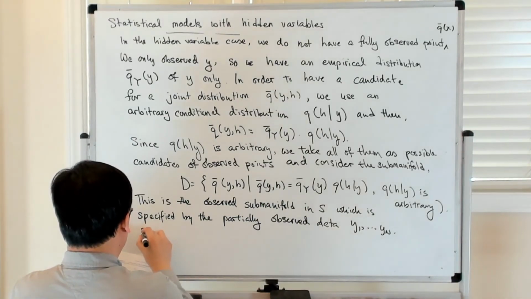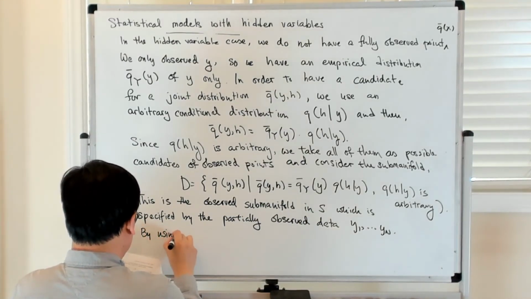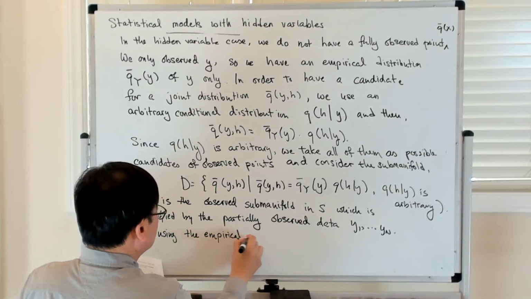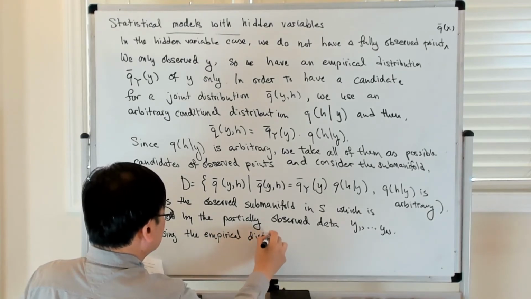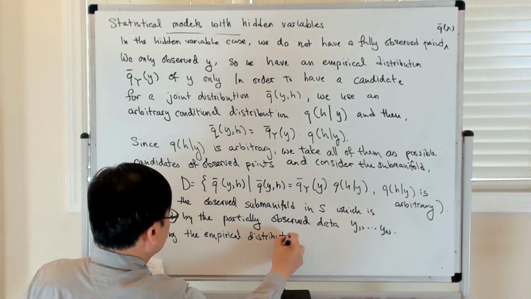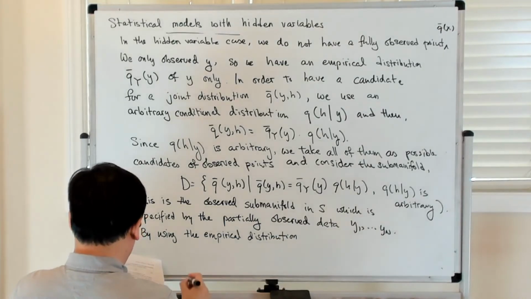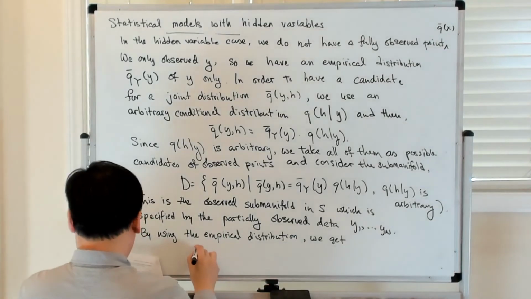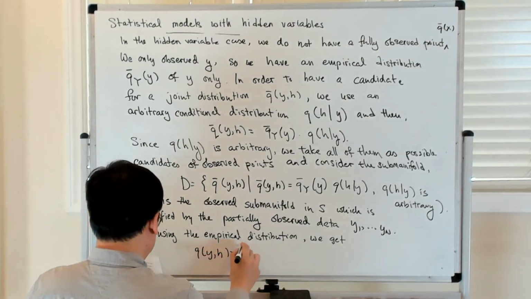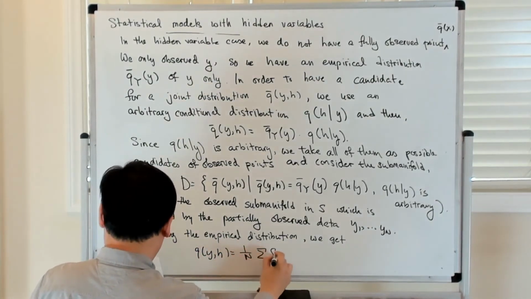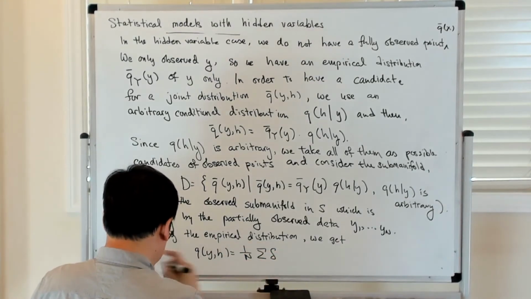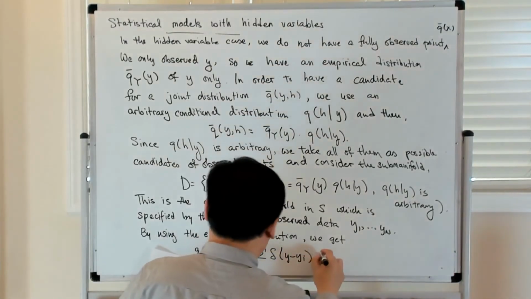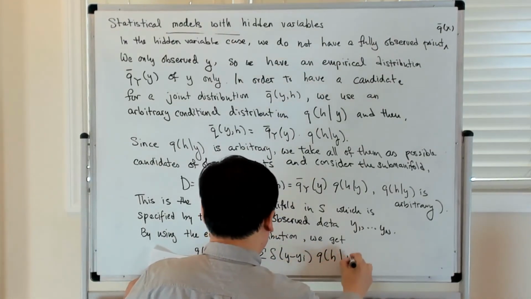By using the empirical distribution as my Q bar of y, you get that Q of y, h is 1 over n, the sum of the Dirac deltas, delta of y minus yi, times Q of h conditioned on the yi's.